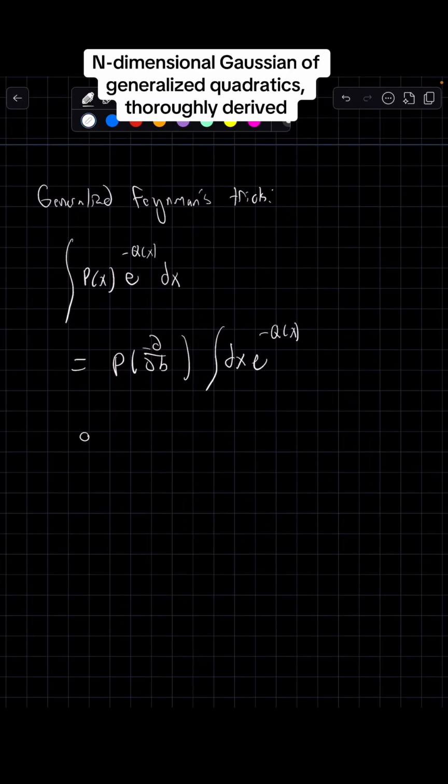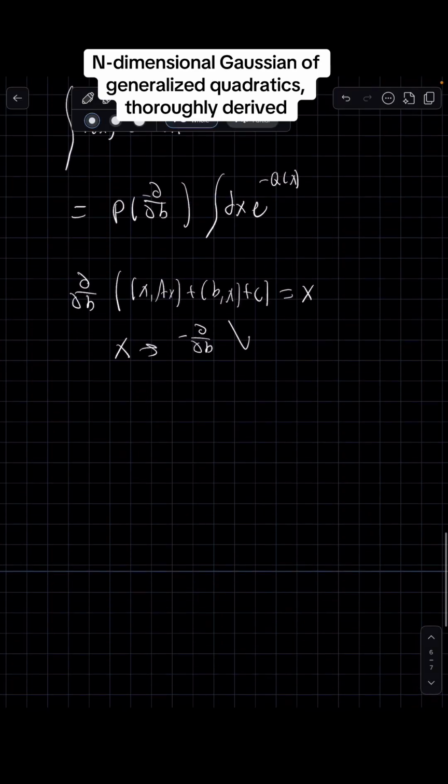Because if we see the partial over partial b of x A x plus b x plus c equals x. So x basically maps to minus partial over partial b.